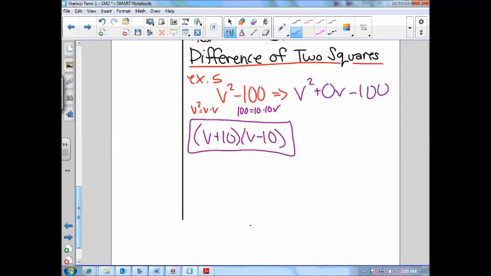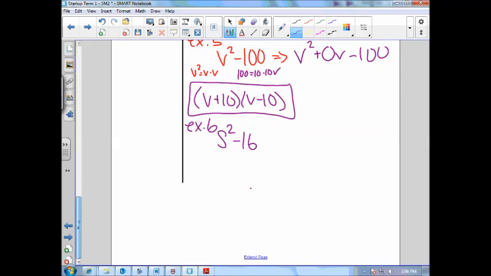Okay, let's have you guys try the very last example and we'll write down your homework. S squared minus 16. Now, if you don't realize right off that this has a trick that will be faster, then you have to remember that what's the middle term going to be? 0s. So you can still do the box method.